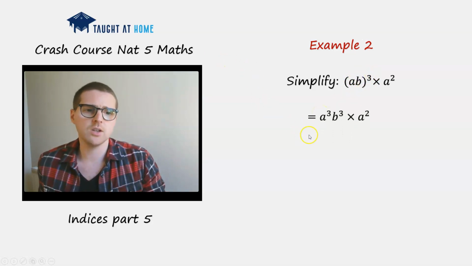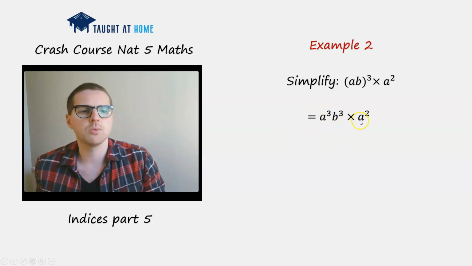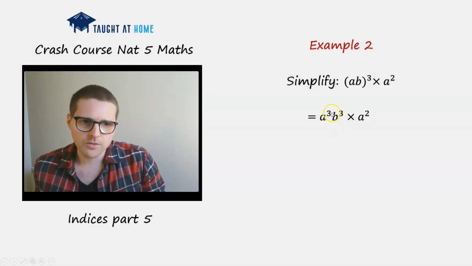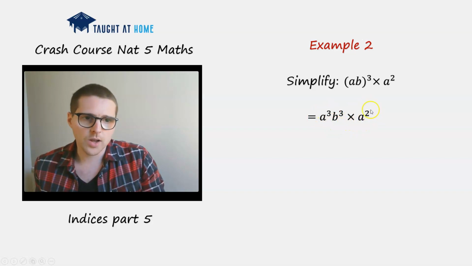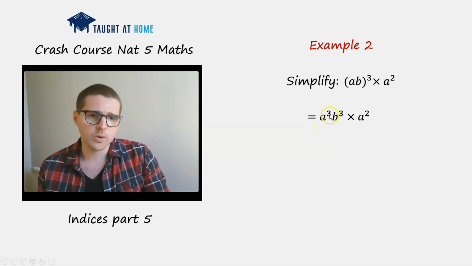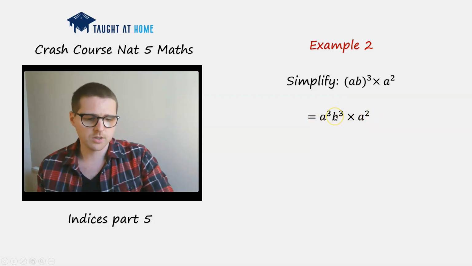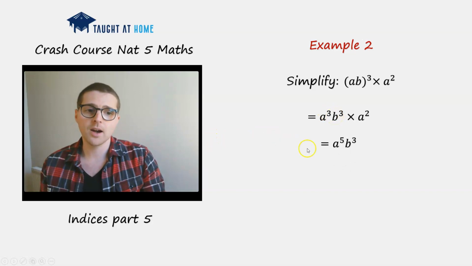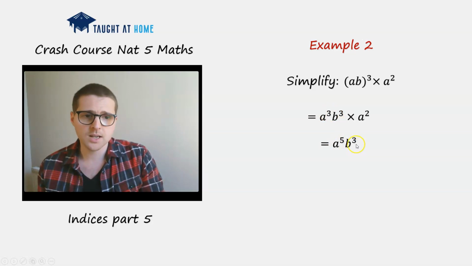We're going to have a cubed b cubed, and then multiply by a squared. Now we've got a cubed and a squared, so the two a bases are being multiplied together, and we're basically just using the first law of indices here. We add these two up, so we're left with a to the power of 5 times b to the power of 3.